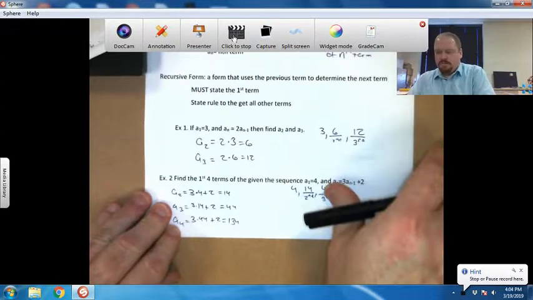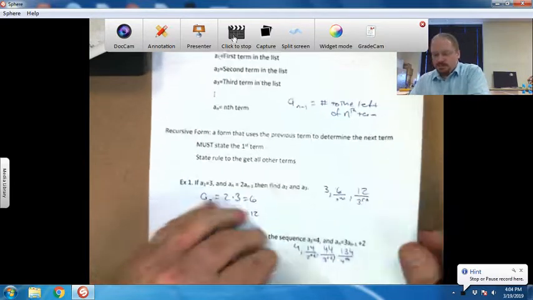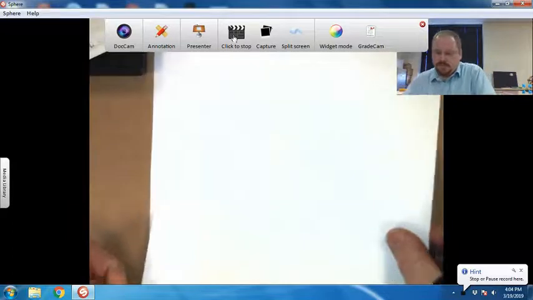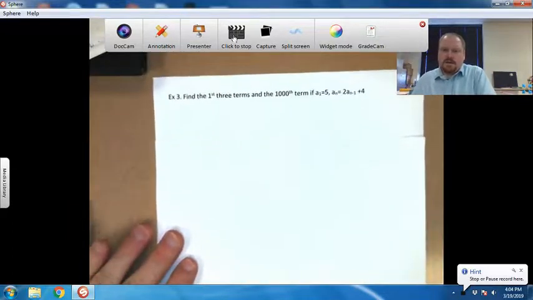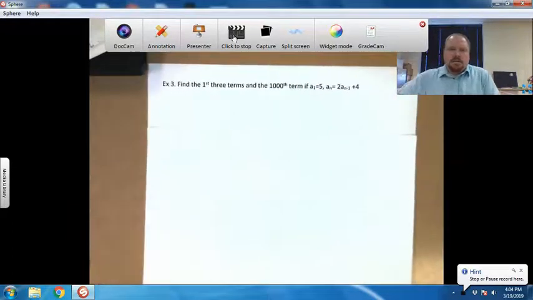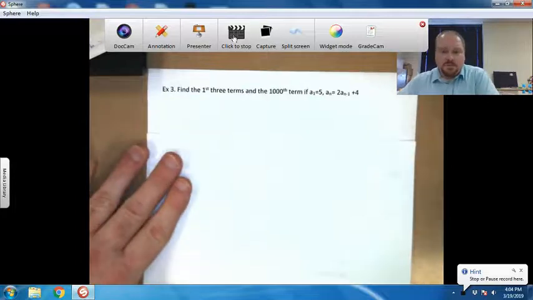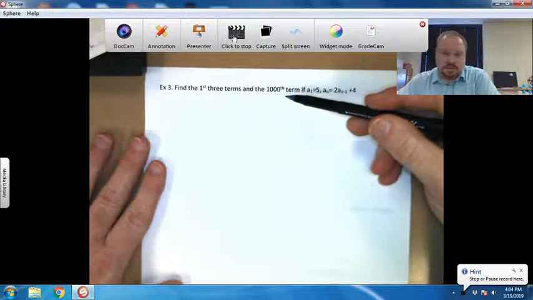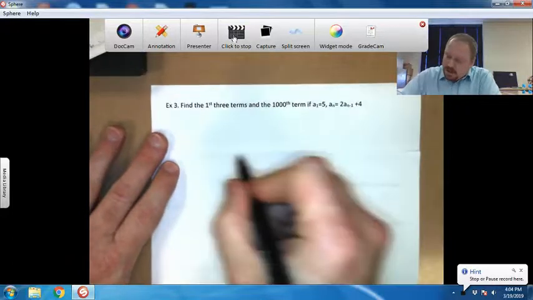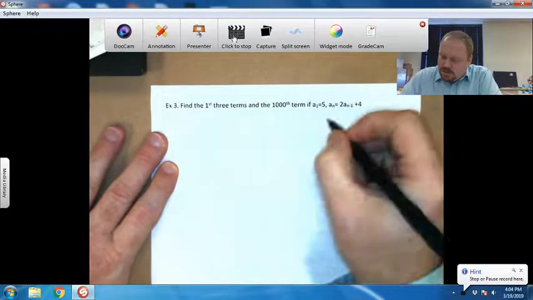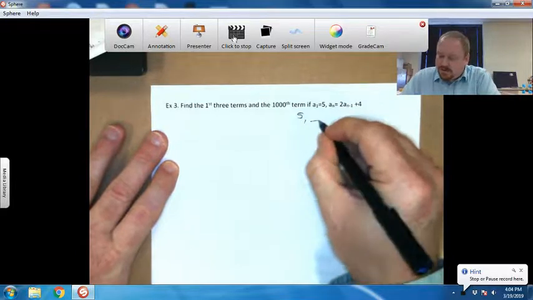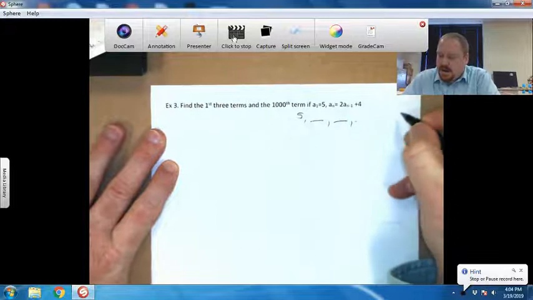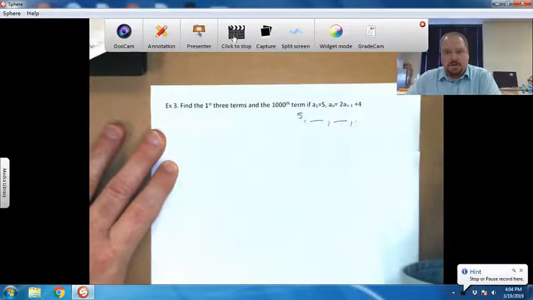All right, so turn to the page here. Now, if I want to find the first 3 terms of this list, okay, that's pretty common stuff, but then they want me to find the 1,000th term. So here we go. So, 5 is the first number, blank, blank, and then dot, dot, dot, and then they want the 1,000th one. Okay?